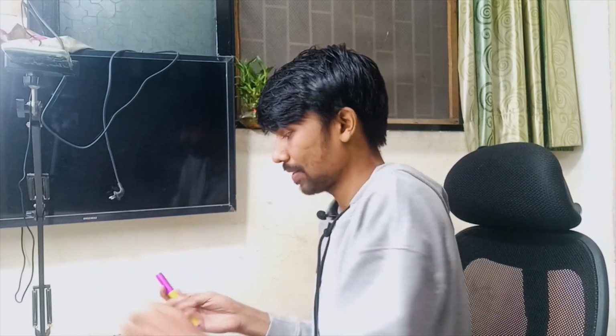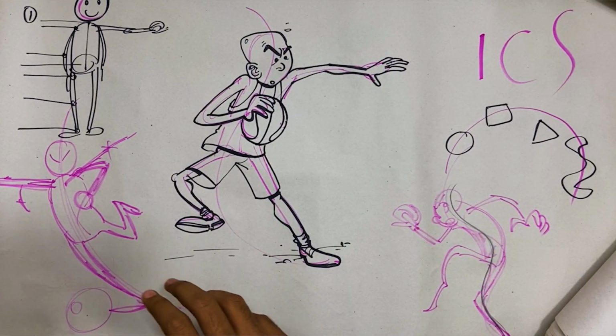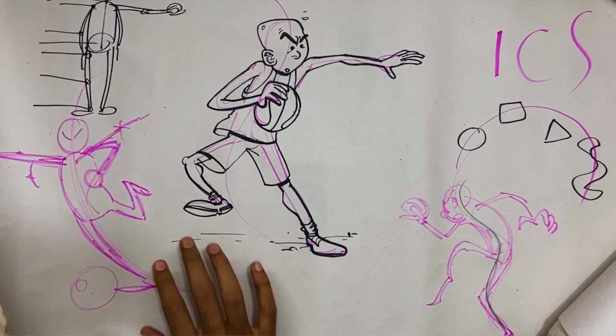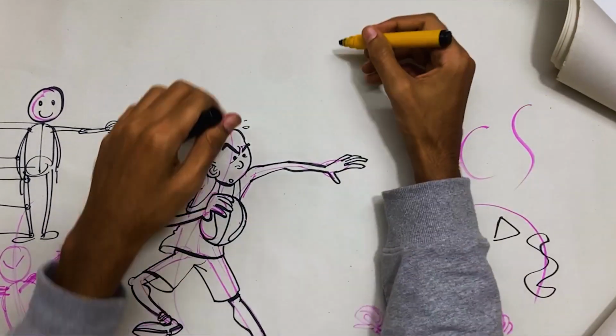What are the body parts that are moving when I'm doing this? See this, the shoulder is coming up. How can I translate it on the paper? Okay, I'll use a black marker here.